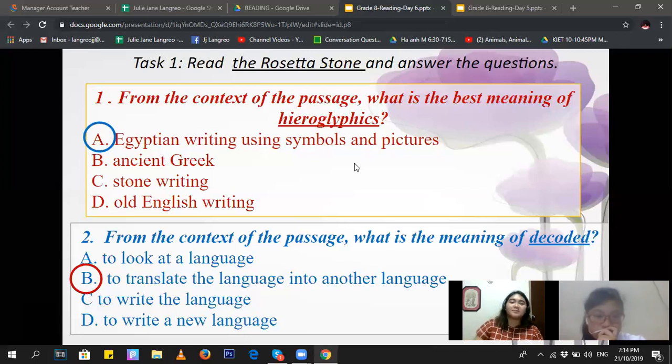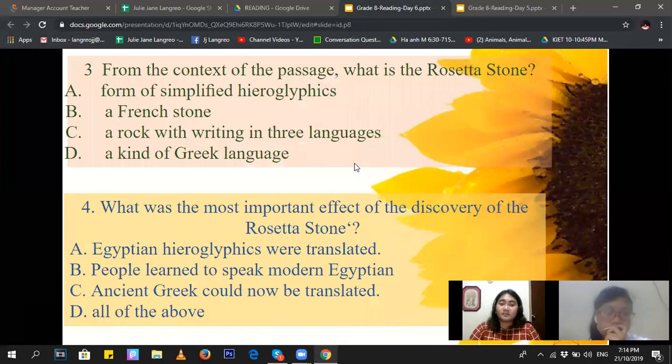Okay, so let's continue. Number three. From the context of the passage, what is the Rosetta Stone? So, what is the Rosetta Stone?